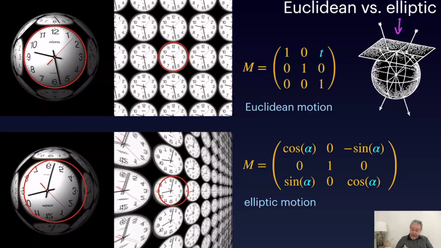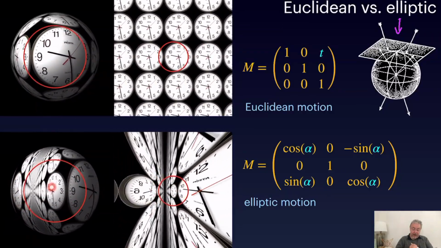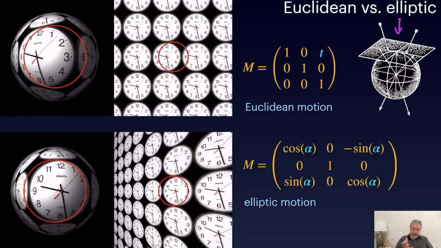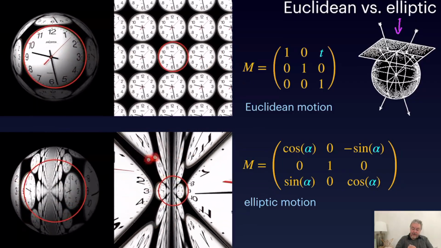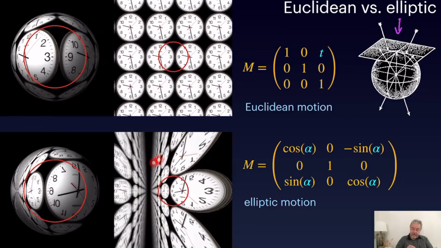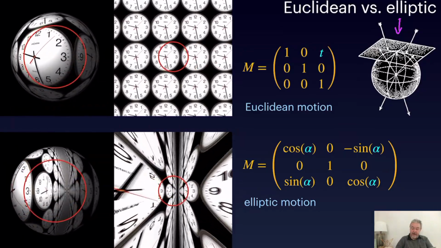In the elliptic case, we see that we get a rotation of the ball. I hope you recognize that this really is just a rotation that induces a kind of very, very distorted perspective transformation here in that world.